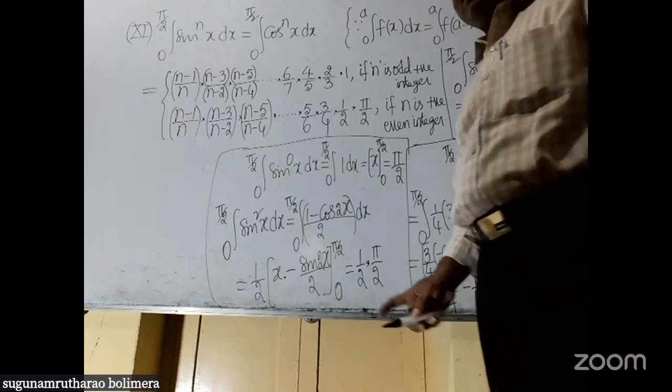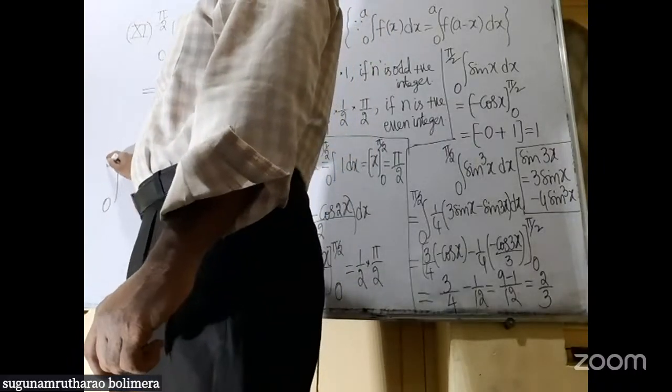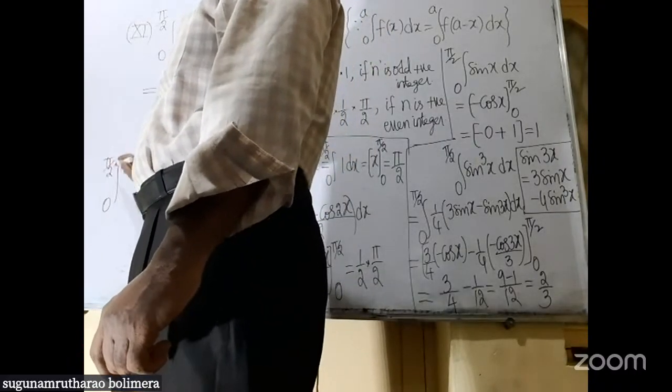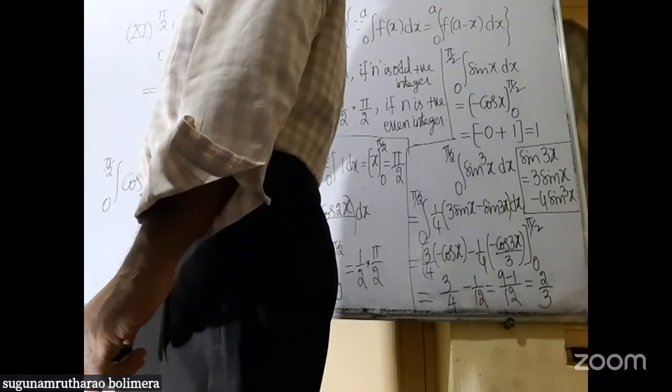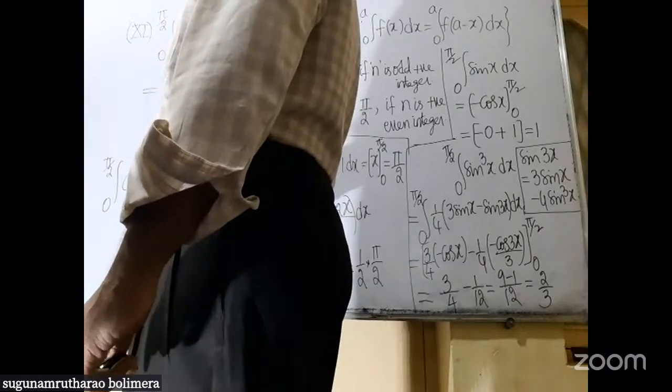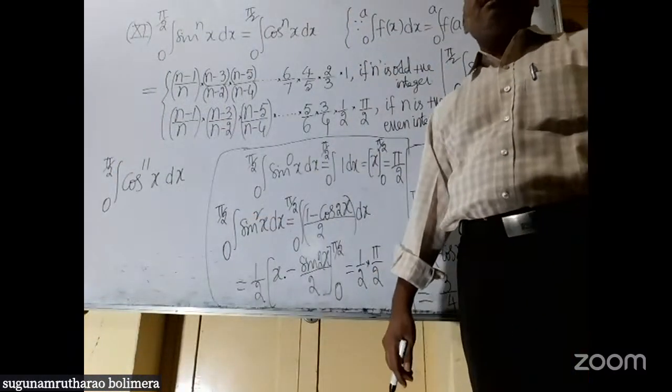Now, related to this, let me give you one problem. Find the integral 0 to pi by 2 of cos power 11x. By observing this, you can say the solution by considering this.